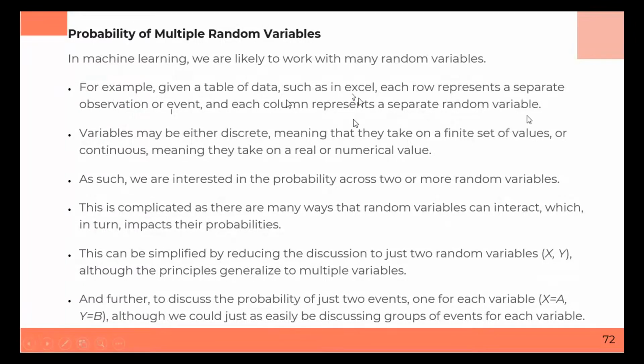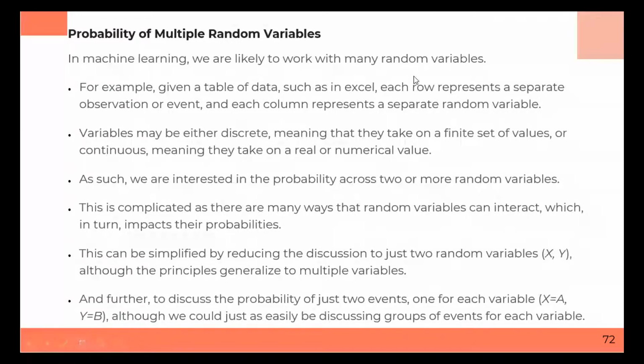You understood? In an Excel sheet, if you have a table of data, then a row is an event or an observation, and the columns in that record are the random variables. So in one event there are a lot of variables, and those variables could be many in number, which is why we consider many random variables.